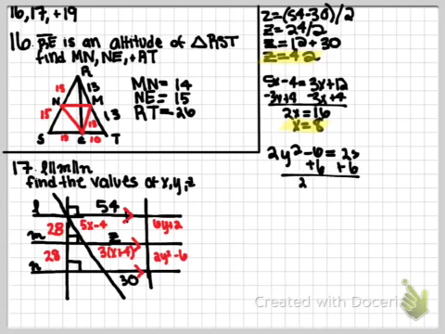So 2y squared equals 34. Divide by 2. Y squared equals 16. Square root it. Y equals 4.